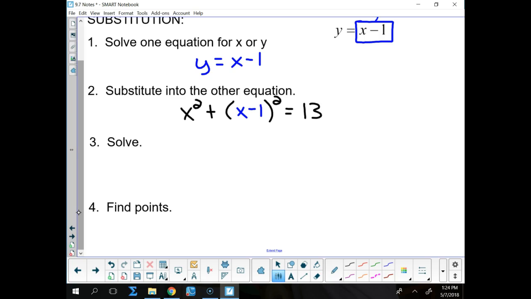Because really, it's x minus 1 times x minus 1. And then you've got to do your double distribution or your foiling, whichever one you want. x squared minus x minus x plus 1 gets me x squared minus 2x plus 1.